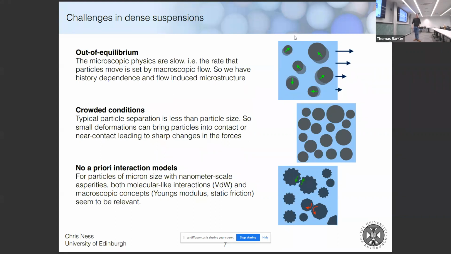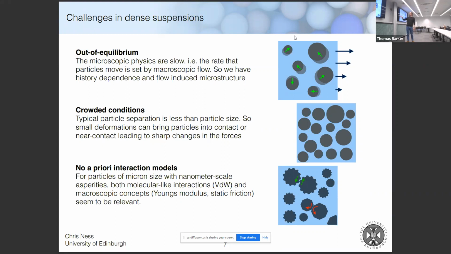So these particles may have electrostatics being relevant as a repulsion. They might have van der Waals forces being relevant, but they might also have macroscopic concepts such as the Young's modulus or something like that to describe them more from a solid mechanics point of view. And that makes understanding the particle-particle interactions complicated.